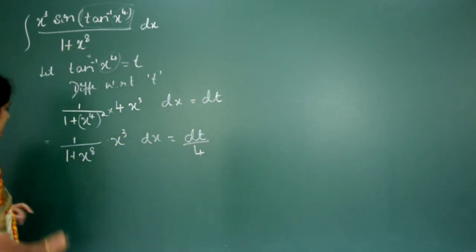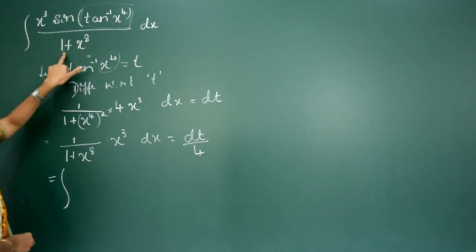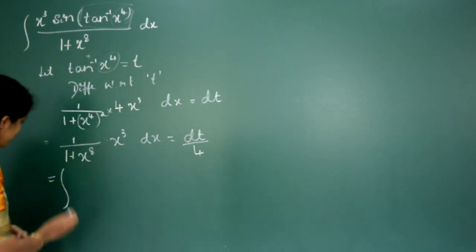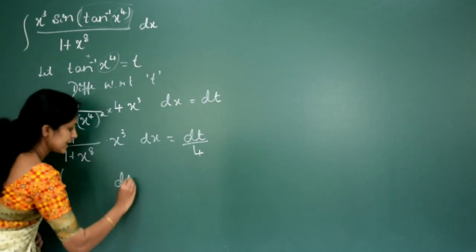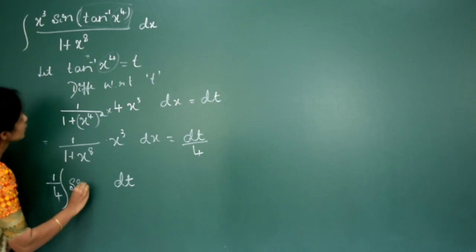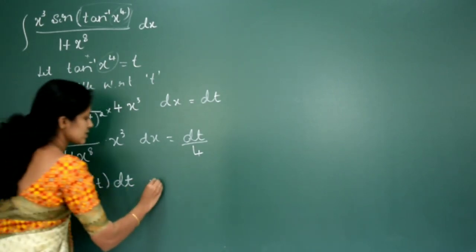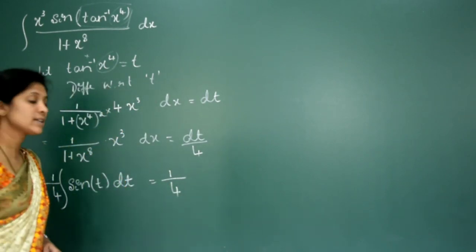Right? We will substitute here. So the integration of x cube divided by 1 plus x to the power 8 dx will be dt by 4. I'll add the constant here: 1 by 4 into dt. Here what is remaining? Sine of tan inverse of x to the power 4, and the substitution is t. So this is equal to 1 by 4 integration of sine t, which will be minus cos t.